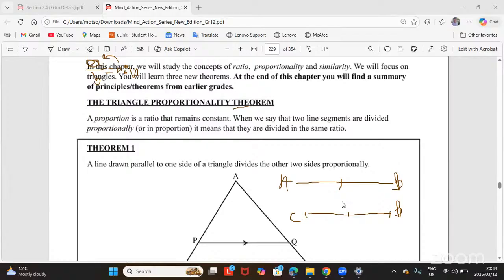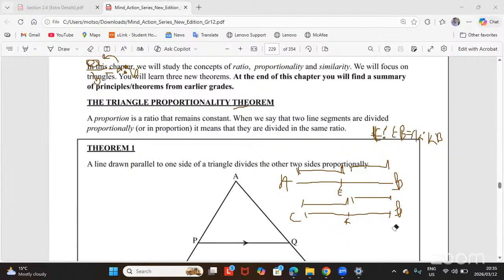I mean that if I take this portion of the side, let's say this is my E, I take AE, the ratio AE to EB, will be the same as when I take this ratio, let's name this point K, CK to KB. Okay, I hope that makes sense.